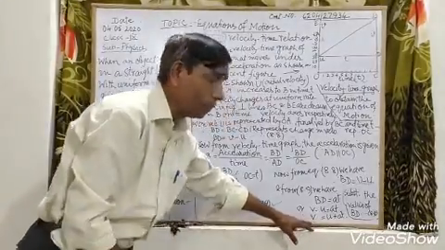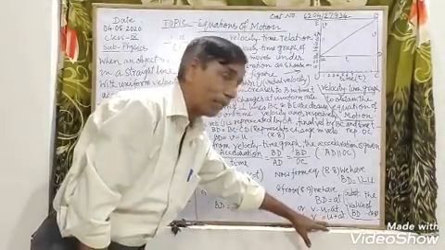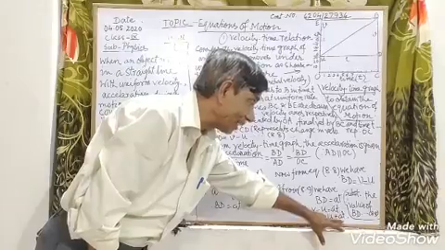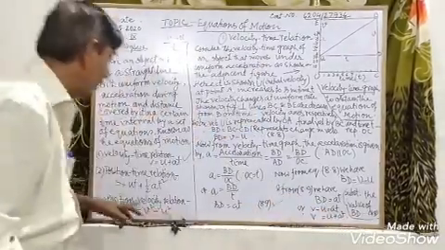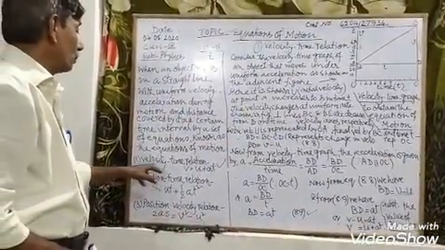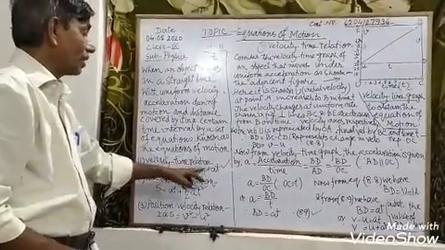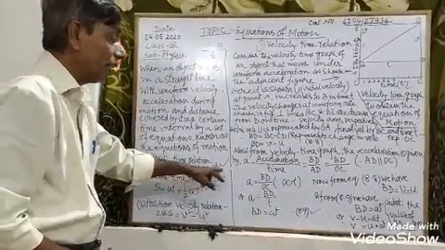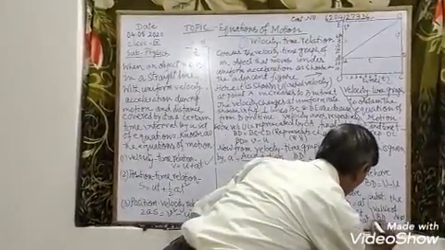That is, final velocity is equal to initial velocity plus acceleration into T. This is the first equation, the velocity time relation, V is equal to U plus AT, proved.